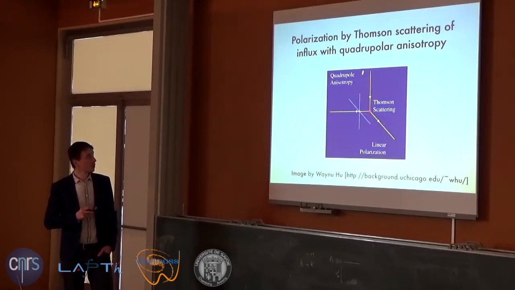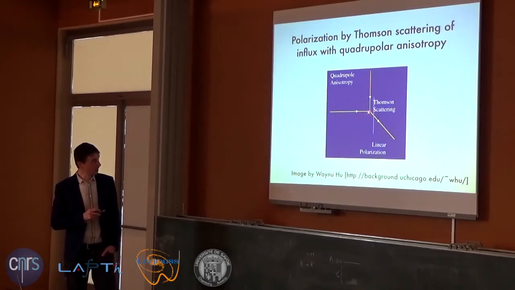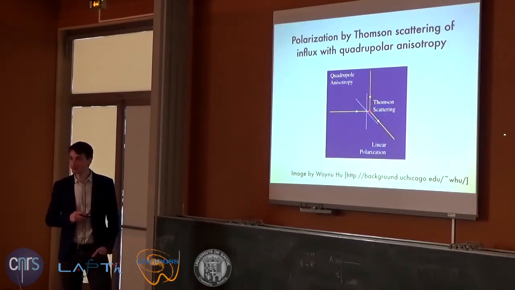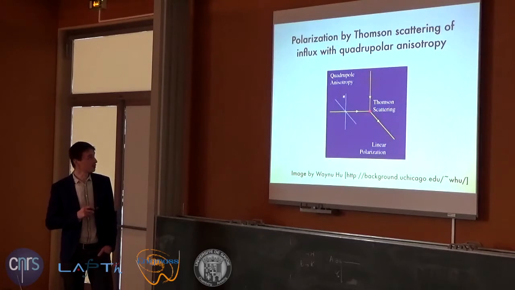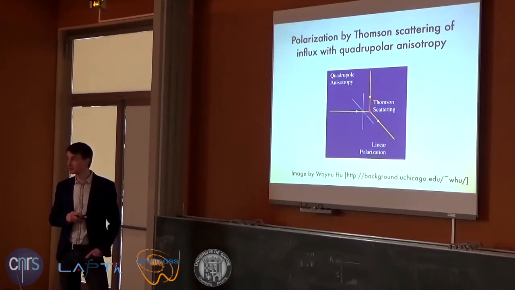That means that more radiation comes from the vertical directions. So after the scattering, more radiation that is polarized in the horizontal orientation is reflected by the electron. Less radiation comes from the cold direction, so less radiation polarized in the opposite direction will be reflected by the electron in our direction.